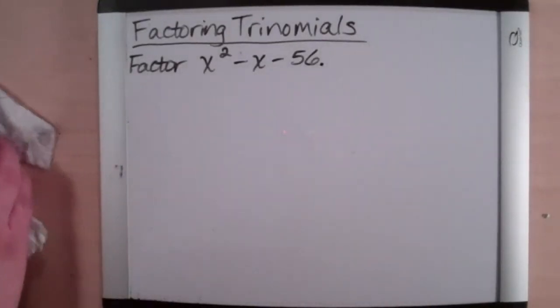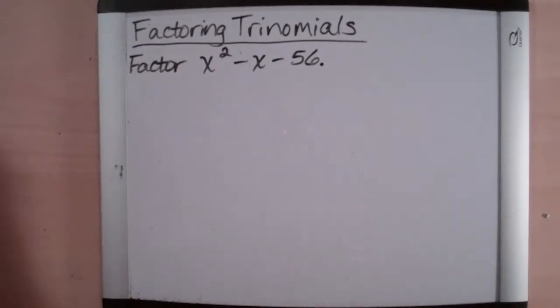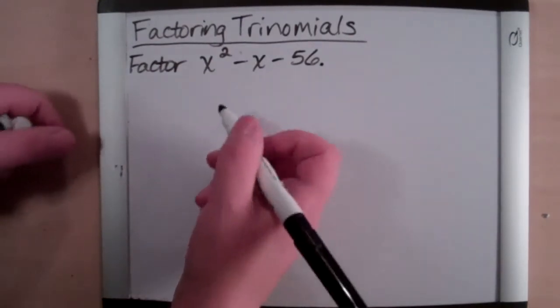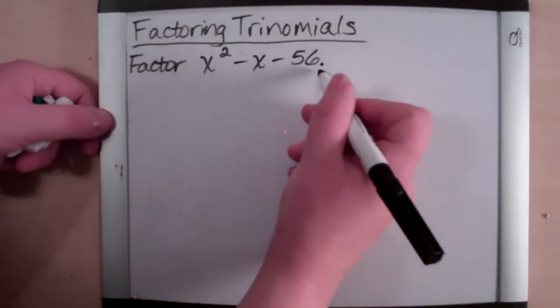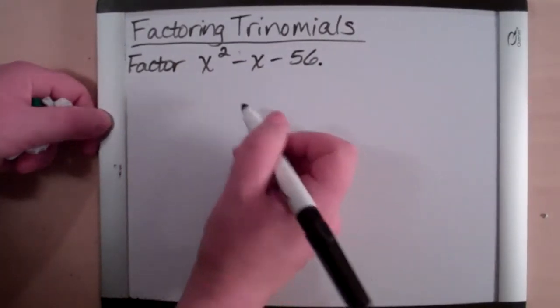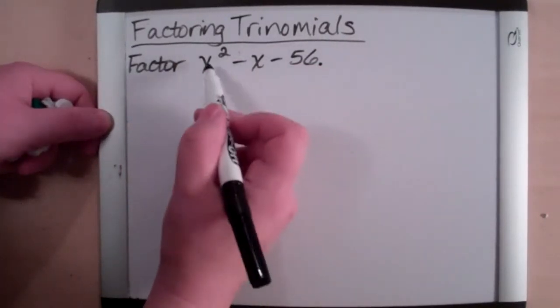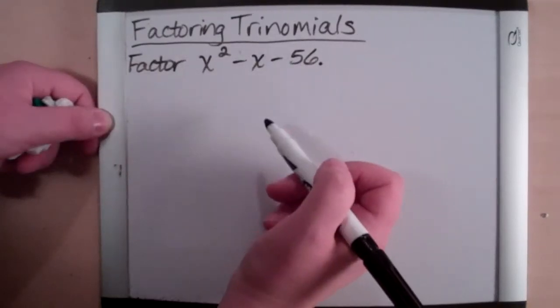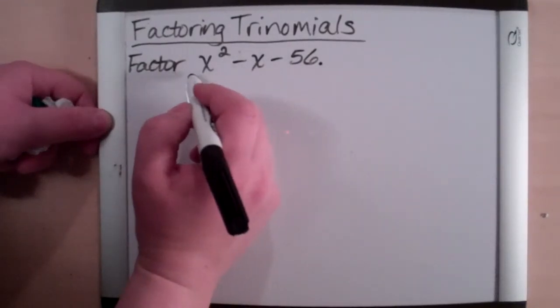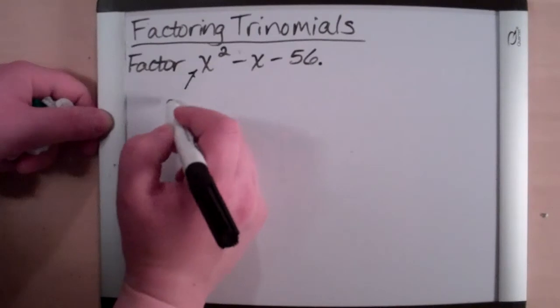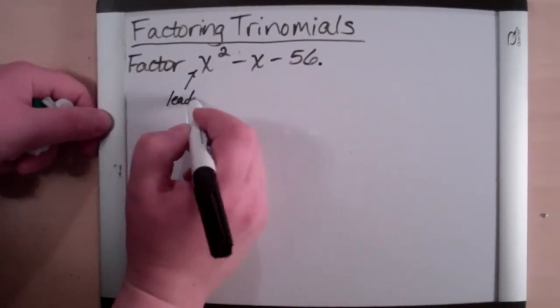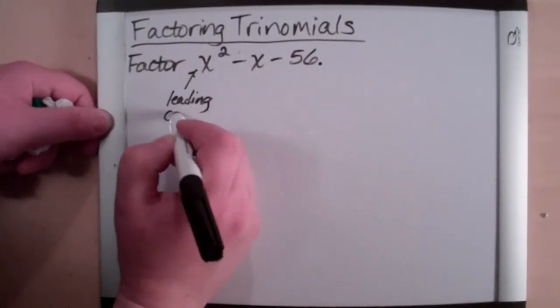So I wanted to show you a problem with factoring trinomials by the method that I mentioned in class that I most prefer. I'm going to work on this quadratic equation. It's a trinomial because it has 3 terms in it. And I'm going to remember that the leading coefficient for this is 1.